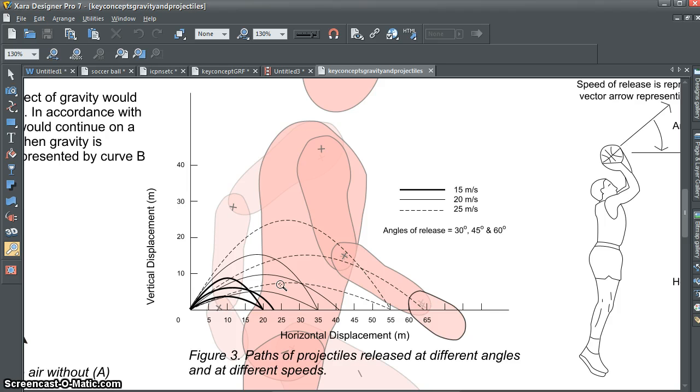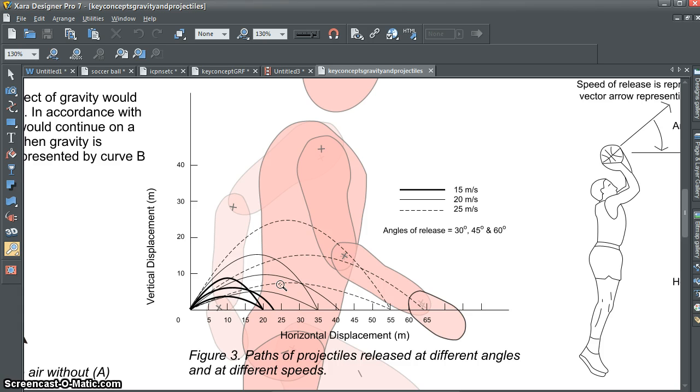In other words, if the desired effect was to maximize the horizontal displacement or range that an object travels, and the object lands at the same height at which it was released, then the diagram shows that you would choose a 45-degree projection angle.